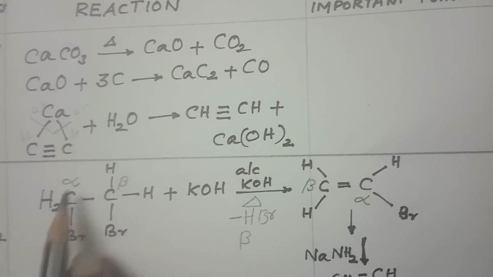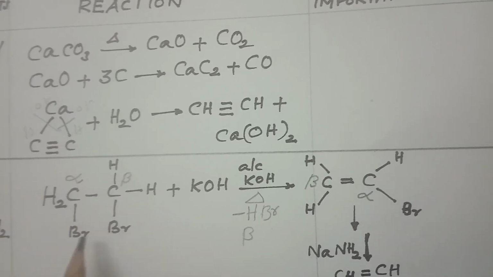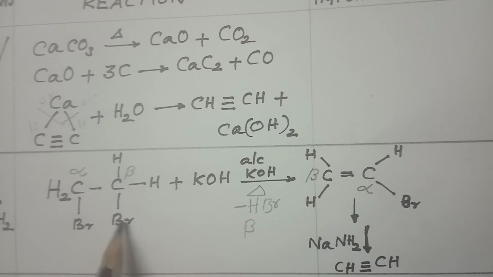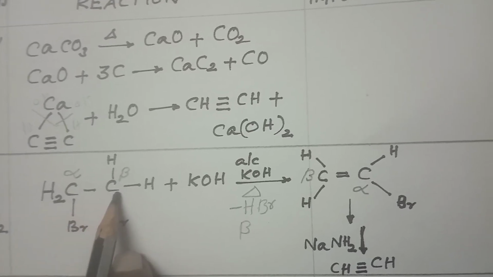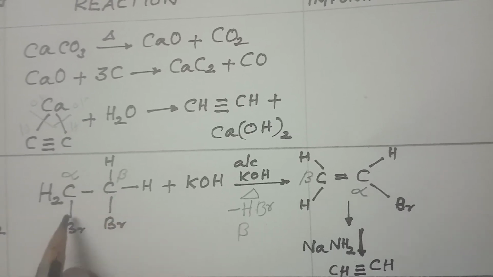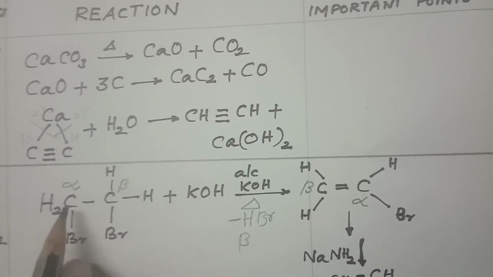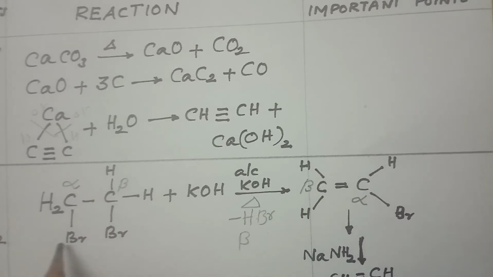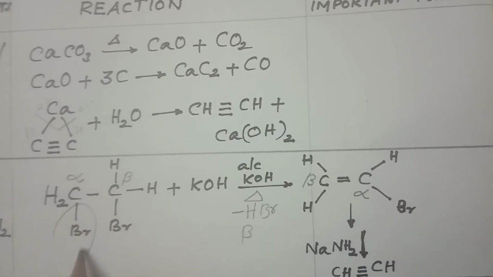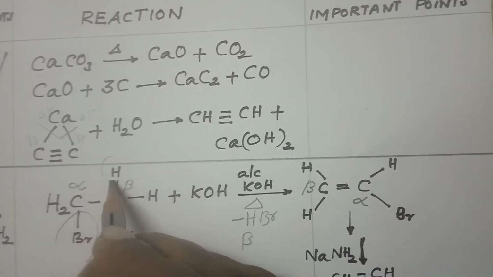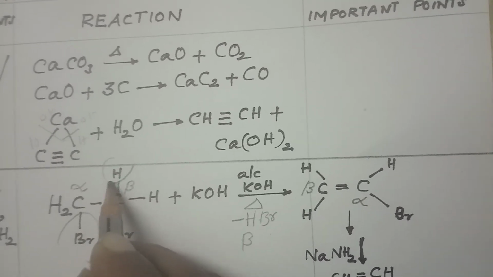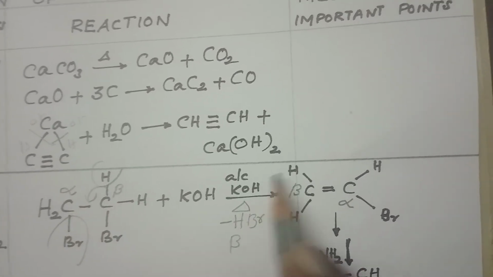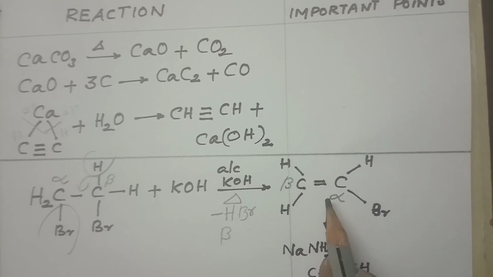Now let us write the vicinal dihalide, with both halogens on adjacent carbon atoms. For beta elimination, the Br is alpha, so I remove this hydrogen. Removal of Br with the bond and removal of hydrogen; the bond shifts and a double bond forms here.